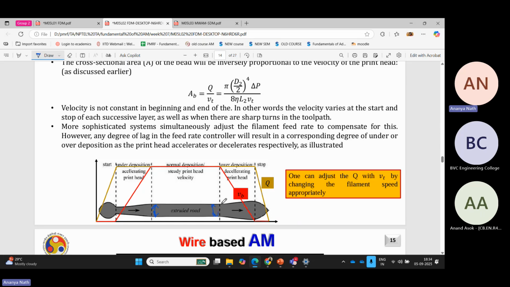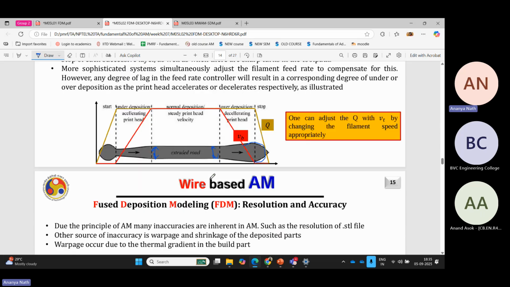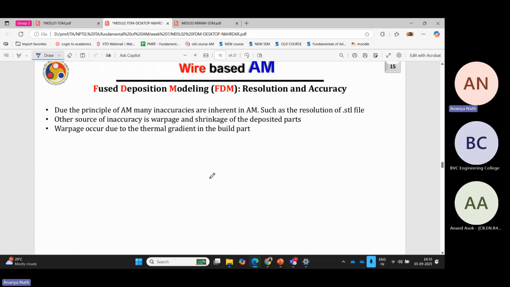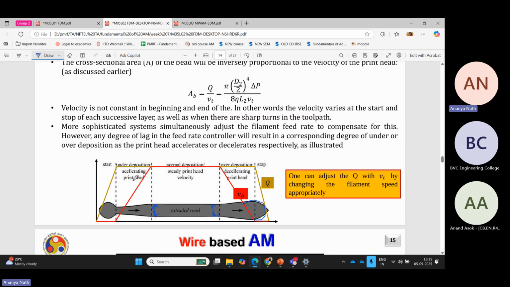When it ends, it will try to end here, but because of the inertia, because the material is coming and all of a sudden you're stopping the machine, it will deposit a huge lump of the material. So that is the process. To avoid this, what you need to do? You need to stop the feed rate here, but you need to stop the machine here so that this portion will also be flattened and not like this.